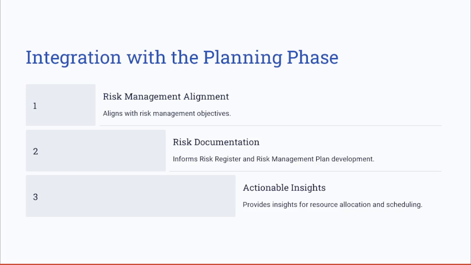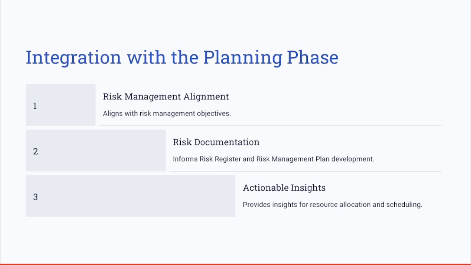How does it integrate with the planning phase? Quantitative risk analysis is seamlessly integrated into the planning phase of the project life cycle. It aligns with the project objectives and the objectives of the risk management plan, providing actionable insight that informs resource allocation and scheduling decisions.